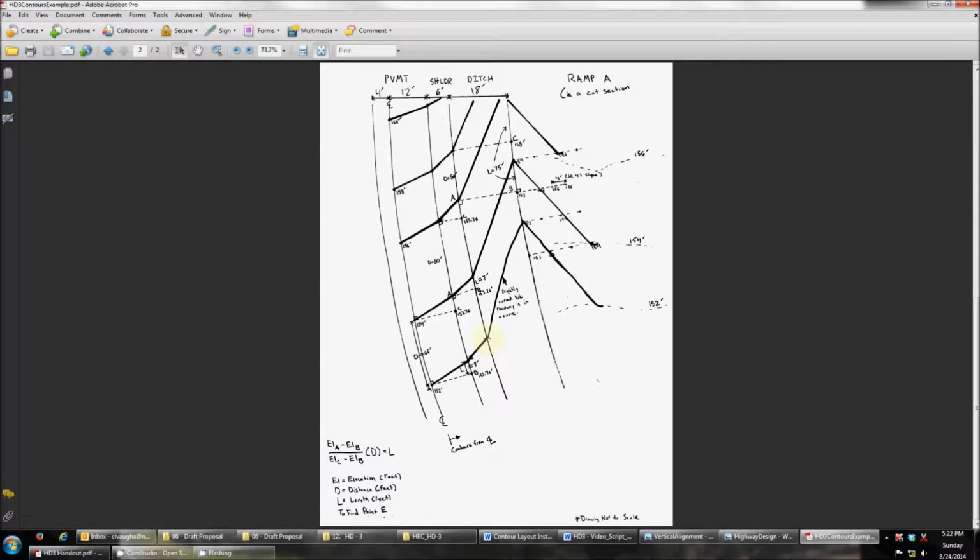So the 152 dot on the shoulder will meet your 152 dot on your arbitrary fill slope line. So you would draw that, and then you would just extend beyond that, going in a straight line until you meet the existing grade contours.